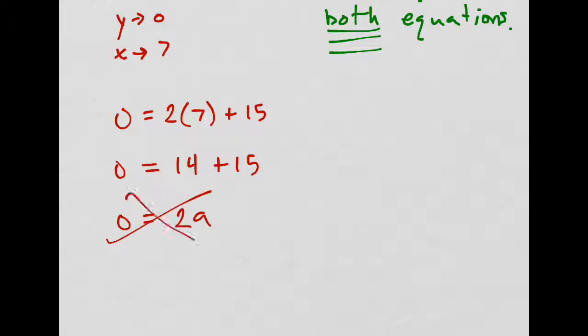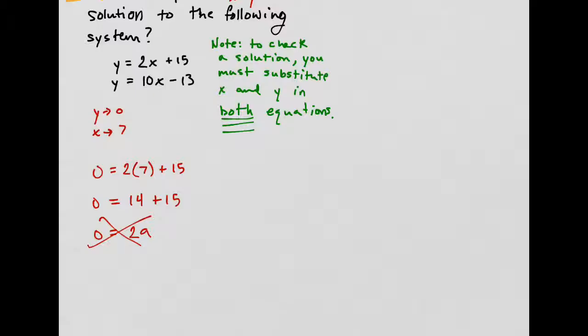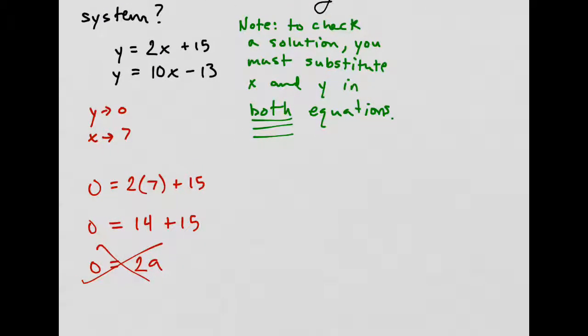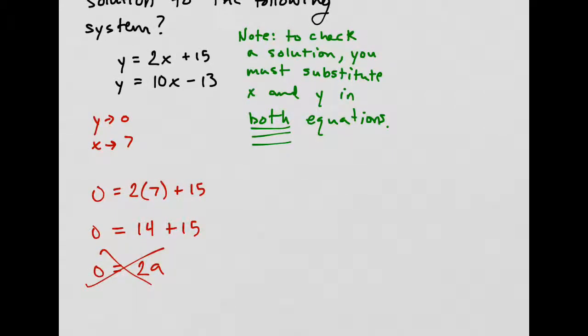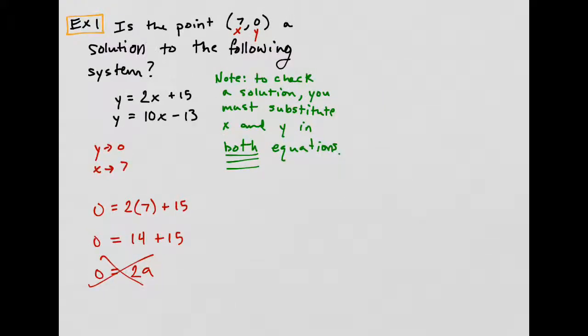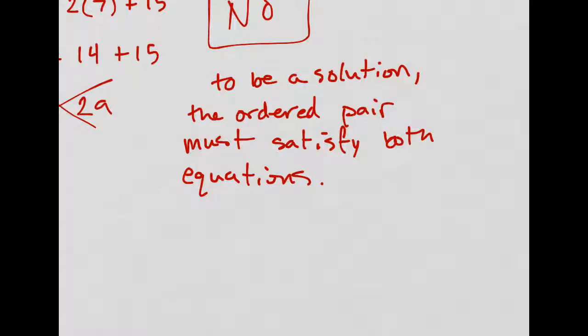So this is not true. So we don't even have to check. I should have done one that was different. But here, it doesn't satisfy this first equation. So we already know that (7, 0) is not a solution. To be a solution, the ordered pair must satisfy both equations.